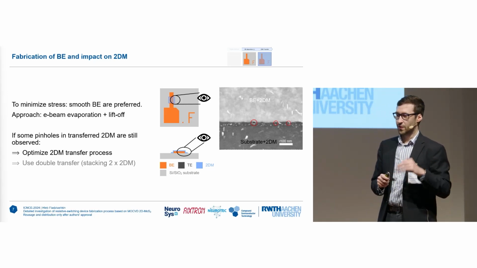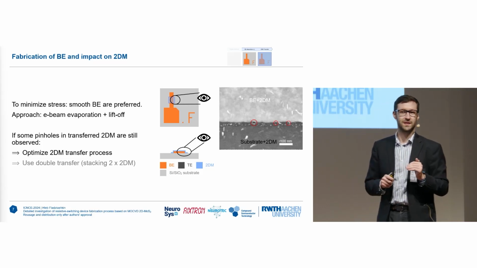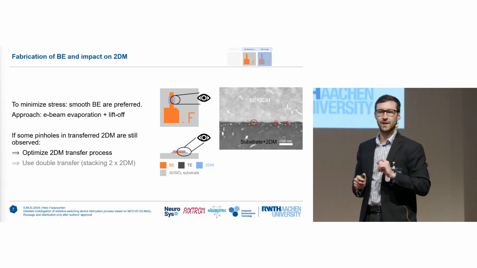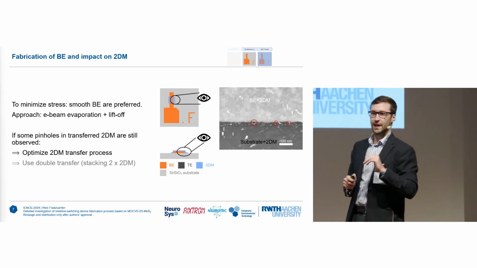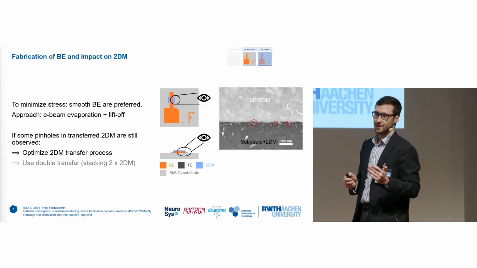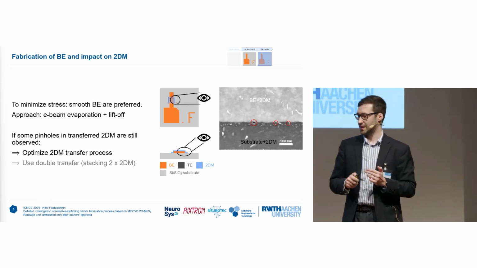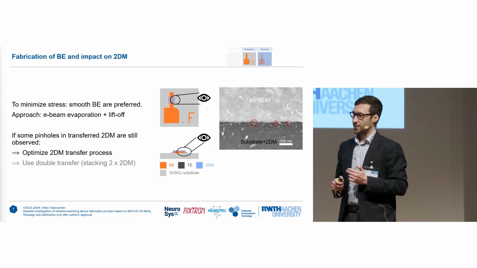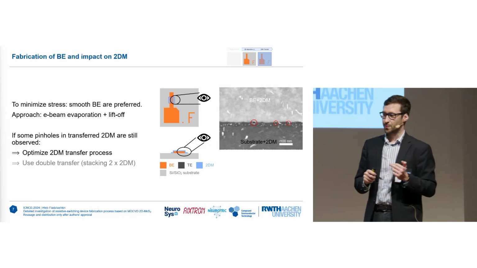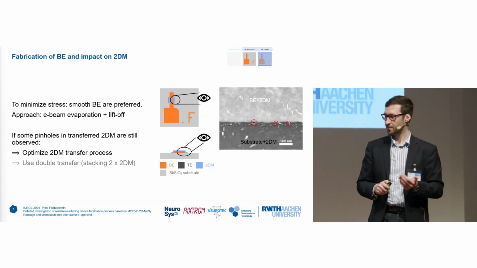When we talk about the bottom electrode fabrication, we should always keep in mind that as a next step, we will be transferring these atomically thin layers on top. So we want the electrodes to be as smooth as possible to prevent any excessive mechanical stress in the 2D materials as a result. In our case, we have come up with a combination of an e-beam evaporation process and a liftoff.